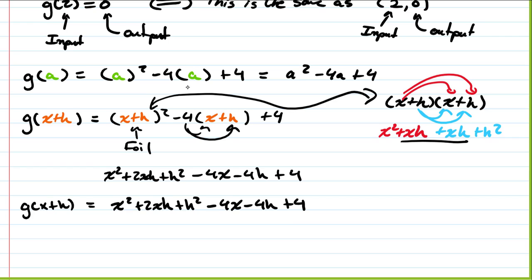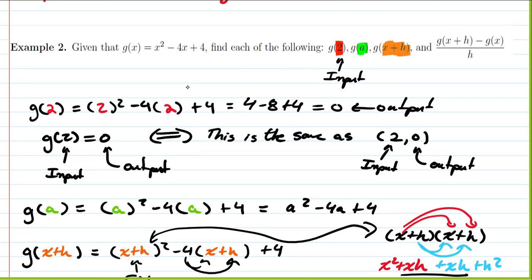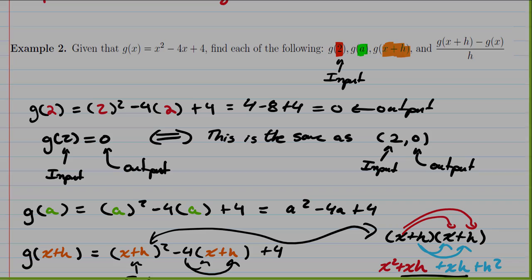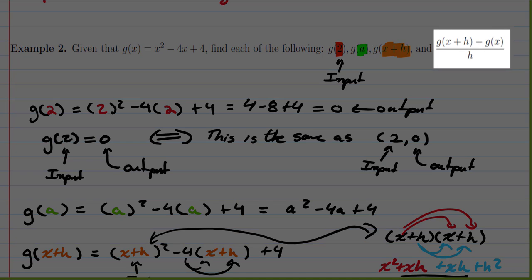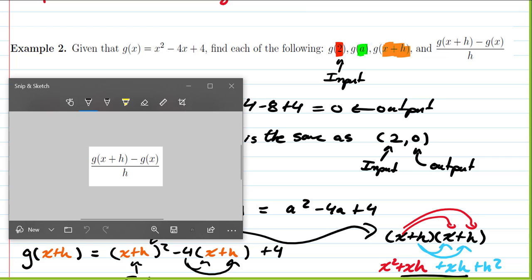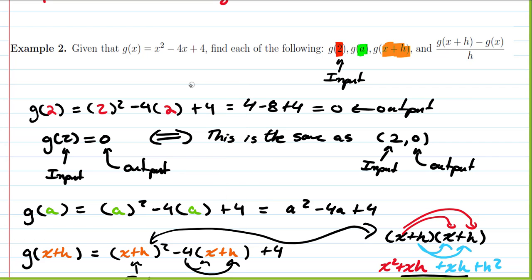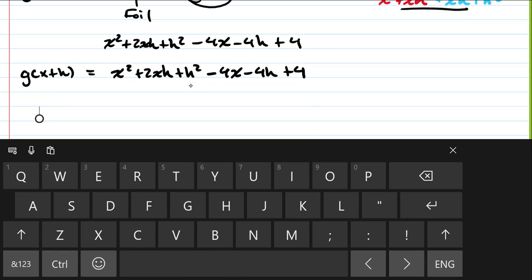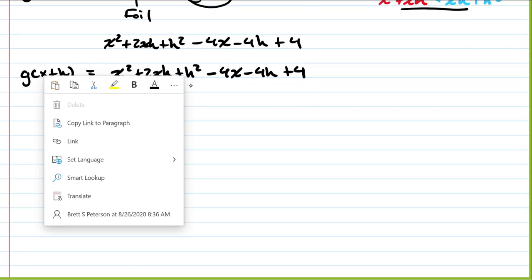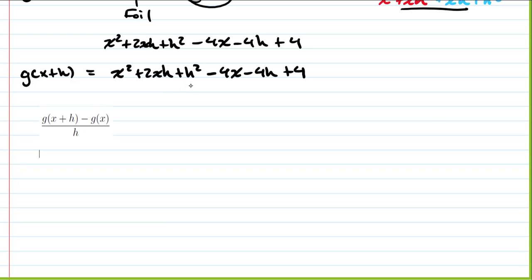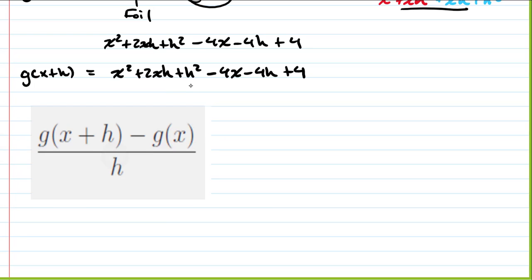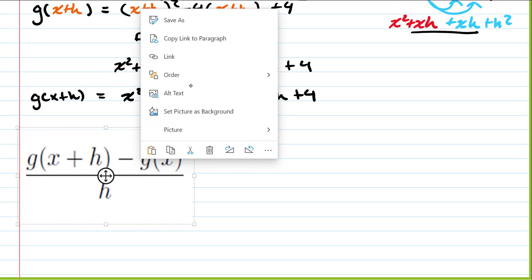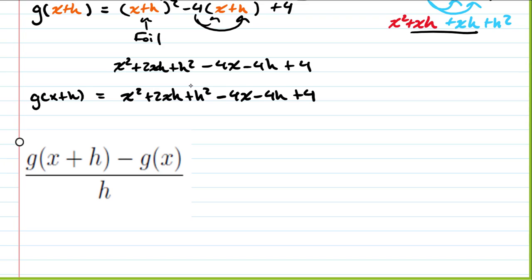All right, now our very last part is we wish to calculate the following formula: g of x plus h minus g of x, all divided by h. So essentially what we're going to be doing is evaluating this formula at the given values.